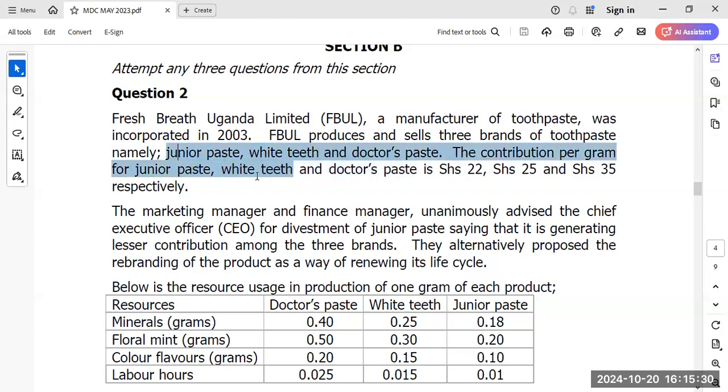So these are your decision variables. You need to define them. They produce junior paste, white teeth, and the doctor's paste.